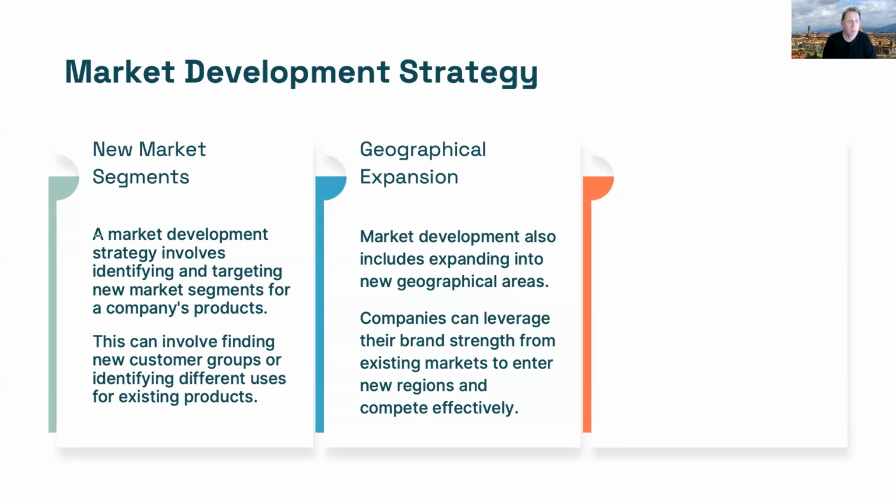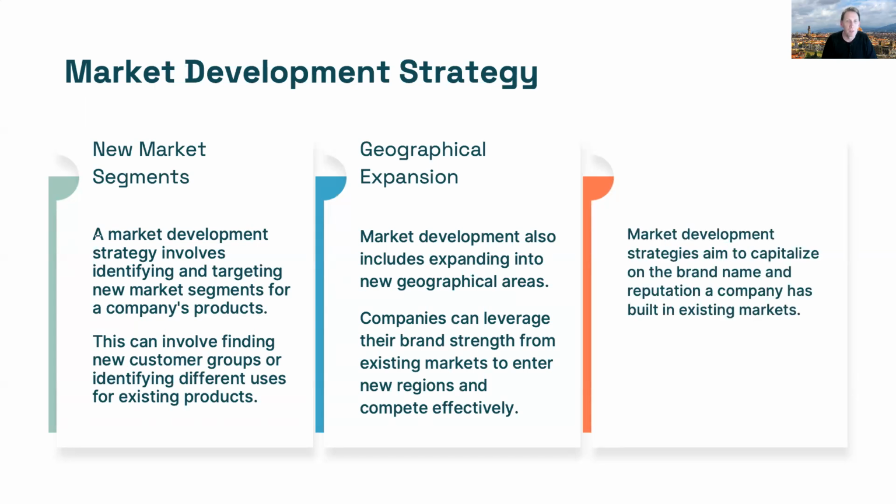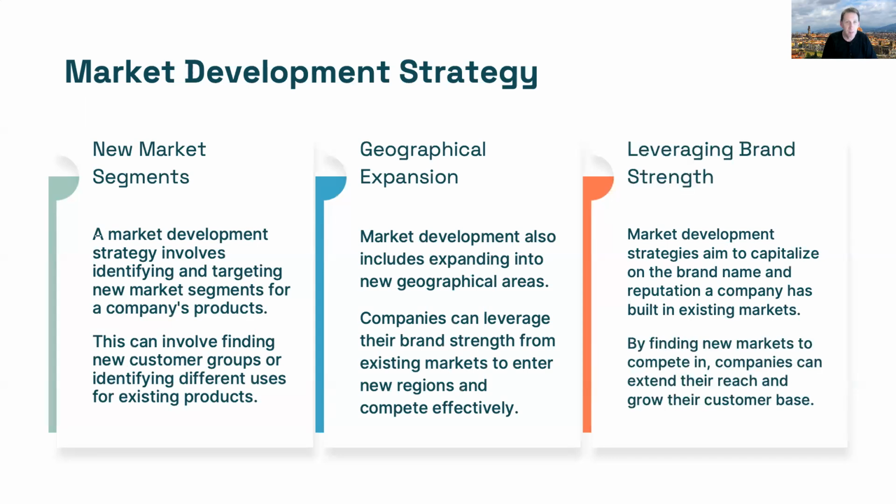Companies can leverage their brand strength from existing markets to enter new regions and compete effectively. Market development strategies aim to capitalize on a brand name and the reputation a company has built in existing markets. By leveraging their brand strength and finding new markets to compete in, companies can extend their reach and grow their customer base.